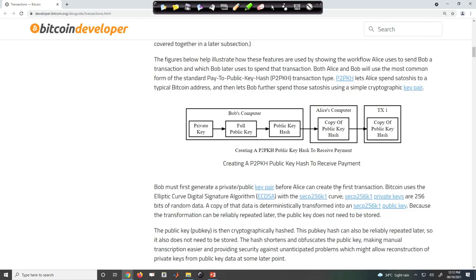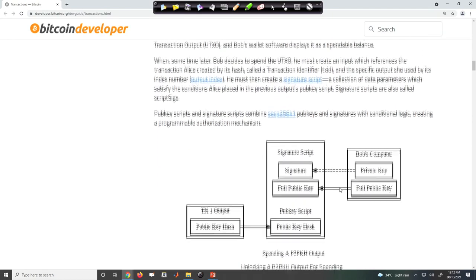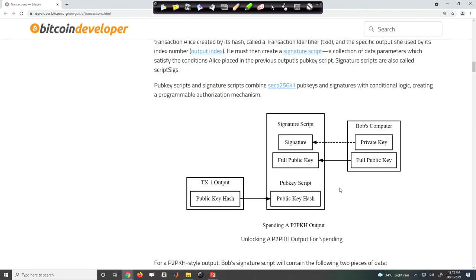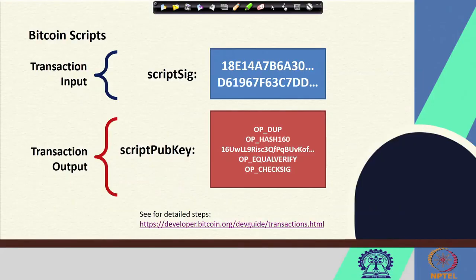You can follow the additional links, and to whatever level of detail you are interested in, you can go through this particular site and its further hyperlinks. So, this is really a good resource for you to understand the concepts in more detail beyond what is there in our lecture and also in the textbooks.